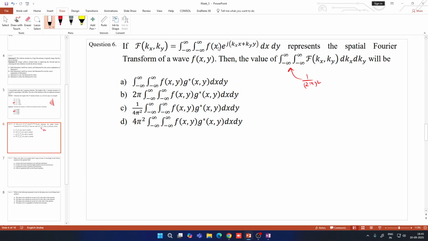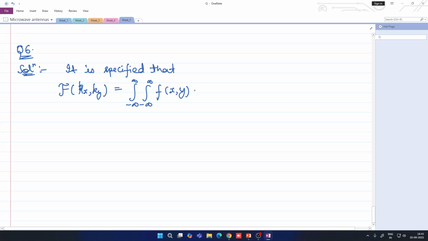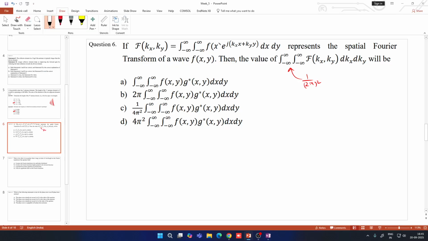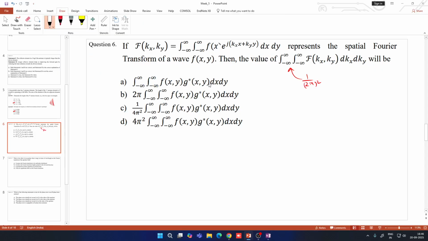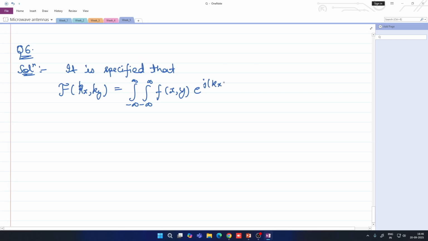Here they have forgotten to put f of x and y, because it represents a spatial transformation. It's varying with x and y both. So it should have been written like f of xy into e to the power j kx, dx dy.